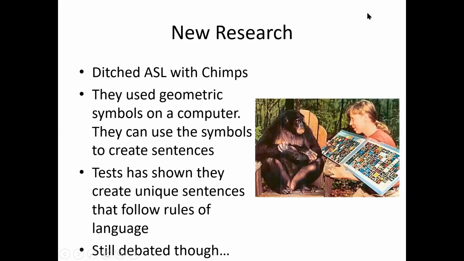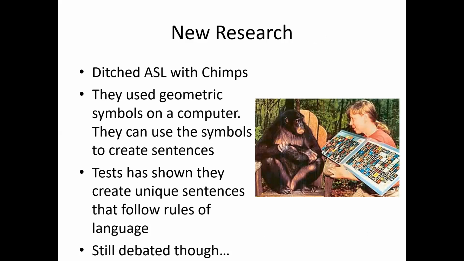So what happened was these researchers said, okay, we're ditching American Sign Language, and we're going to use this really funky geometric computer board. It's a touch screen thing with all these weird geometric shapes, and they can use the symbols to create sentences, right? I don't get how it totally works, but I do know that that was kind of the theme about it, these geometric shapes on this touch screen.